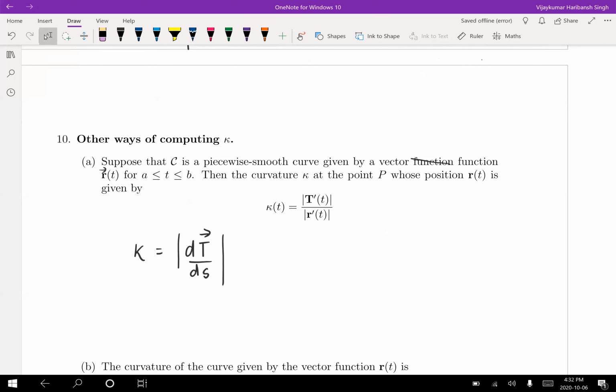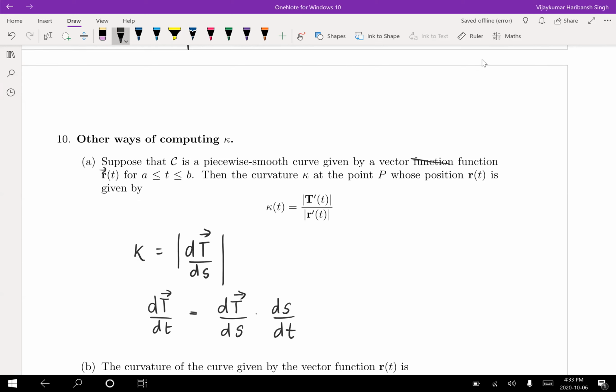So to compute this, we can do the following. Notice that your tangent vector is a function of s, and s is a function of t. So in fact you can write dT by dt is equal to the derivative of this tangent vector with respect to s multiplied by ds by dt.